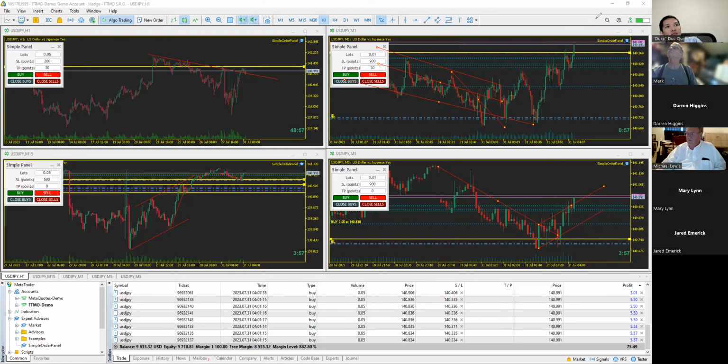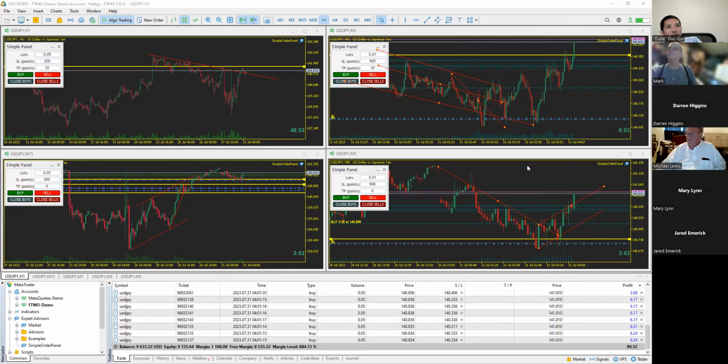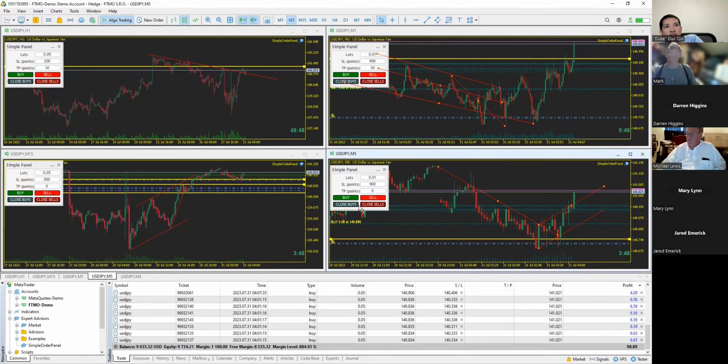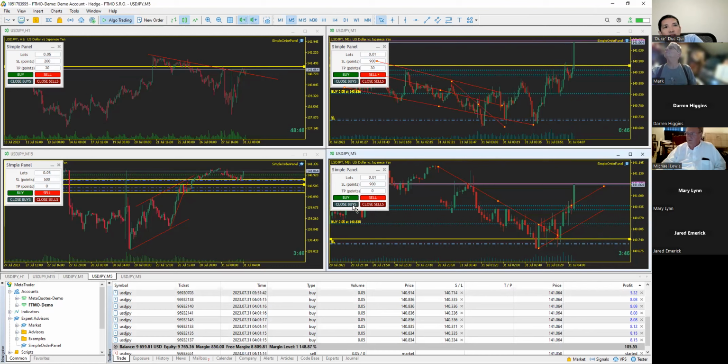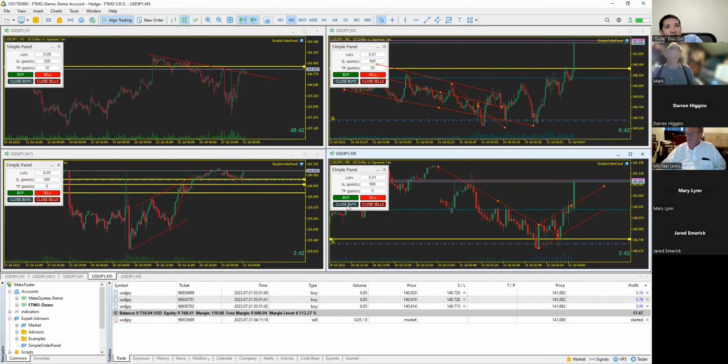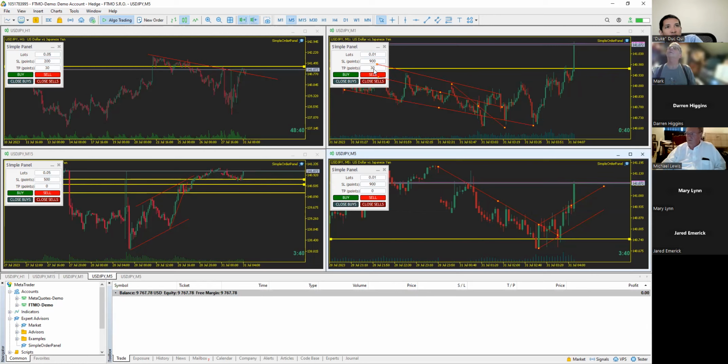So there's that pop that I was talking about. And there it is, it hits. Oh, come on, close off, close buys. Didn't close fast enough. Now I build myself a sell position.